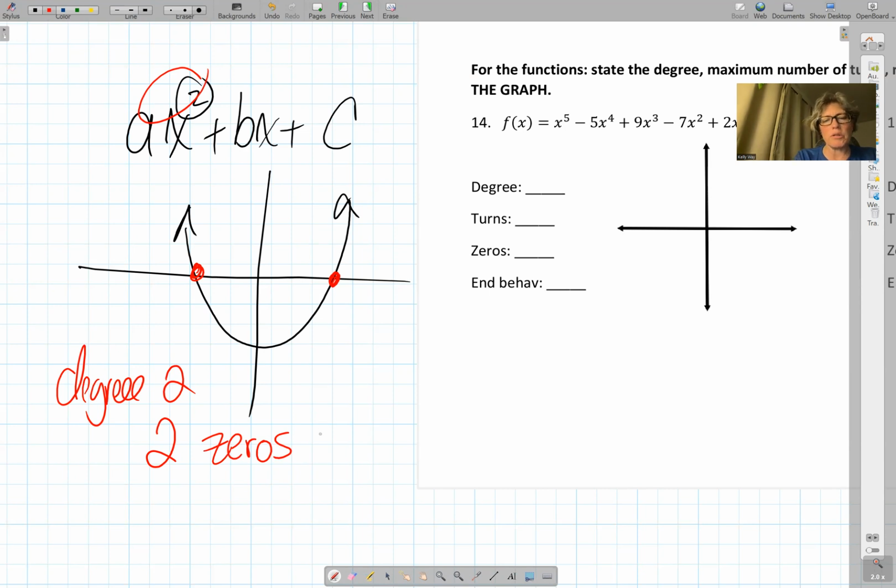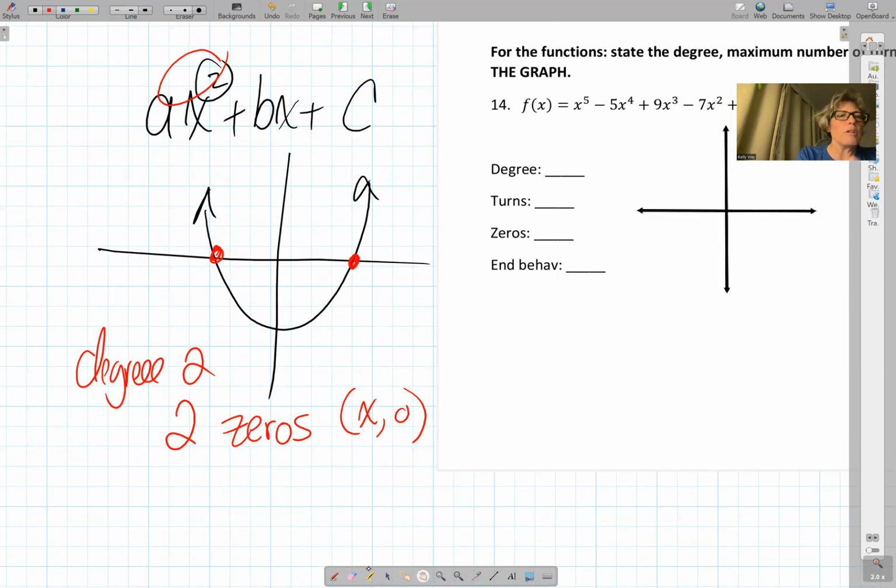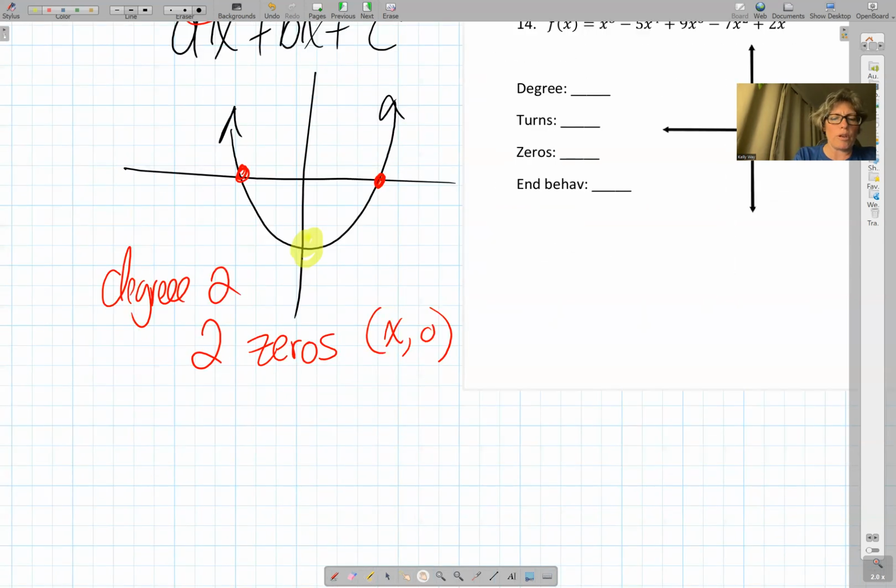Okay, x equals 0. So you have an x and you have a 0, of course. And then as far as turns are concerned, right here, this is to the second degree, but it only has one turn. So you always have one less turn than the degree. So here, you're going to have one turn.